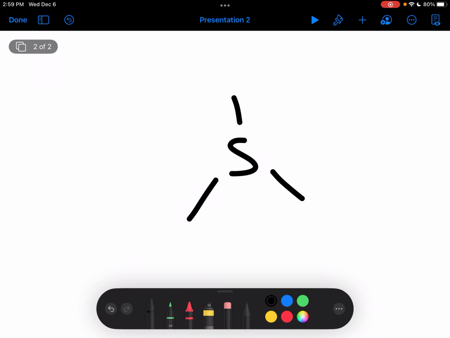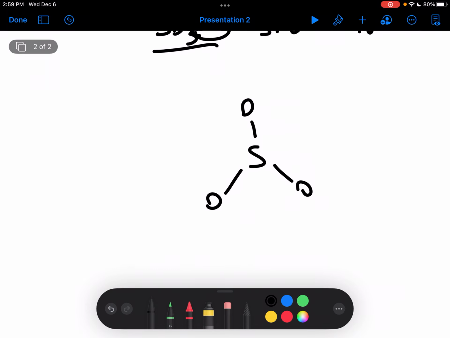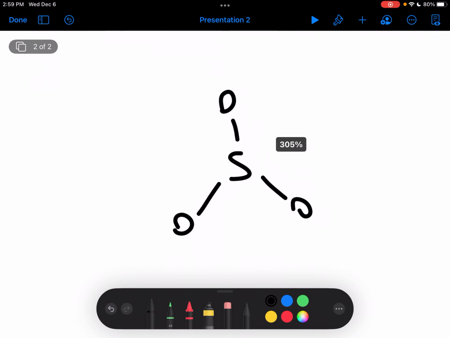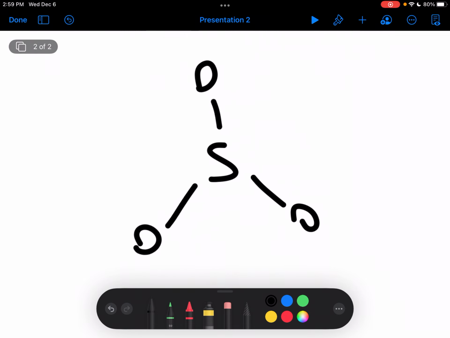I like to draw it in a line model instead of the dot model. You have 3 oxygens that are bonded to the sulfur, and since sulfur has 6 valence electrons, it only has 3 bonds here, and sulfur is sharing 1 electron, sharing another electron to bond and sharing another electron to bond.